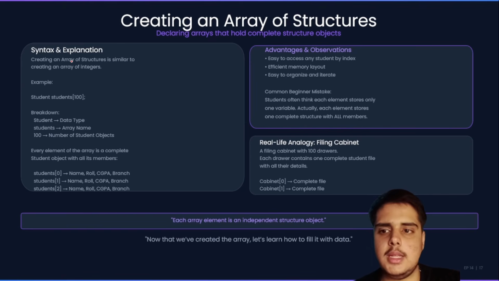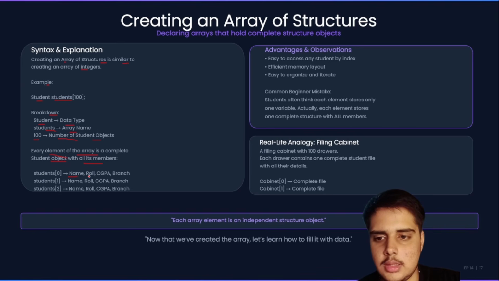Creating an array of structures is similar to creating an array of integers. Example: student students[100]. Breakdown: student is the data type, students is the array name, and 100 is the number of student objects. Every element of the array is a complete student object with all its members.